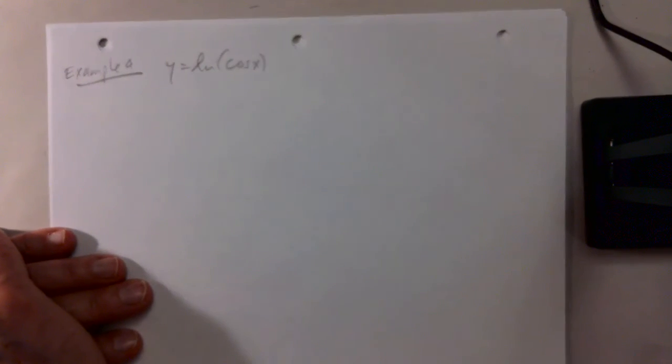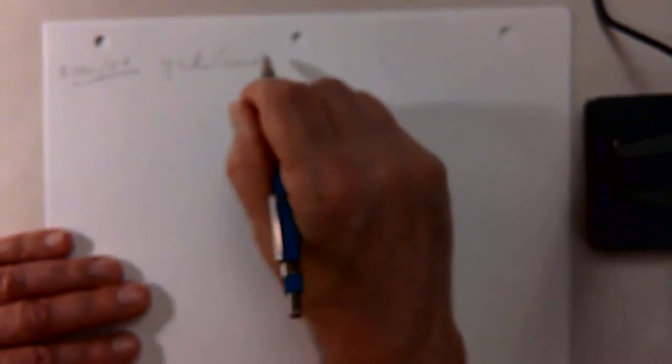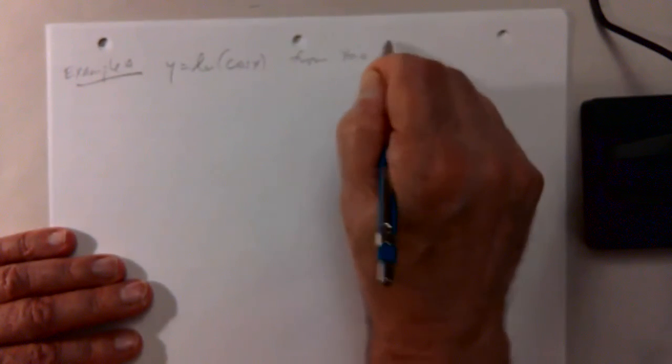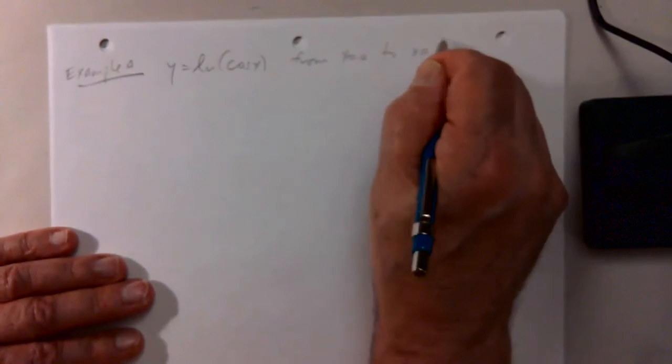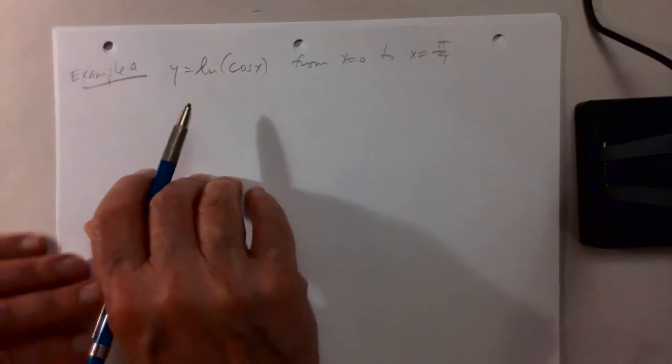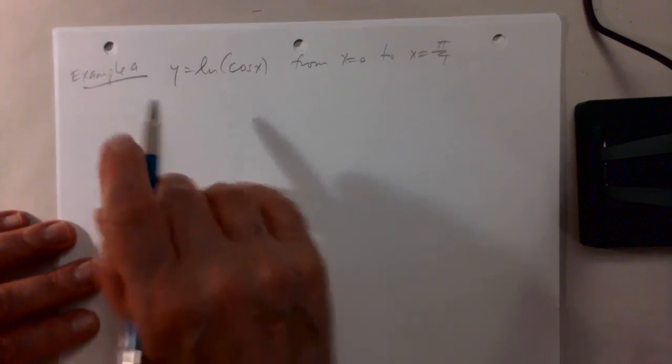Now, cosine of x is positive from minus pi over 2 to plus pi over 2. And you only can take the log of a positive number. But we want to find the length of this arc from x equals 0 to x equal pi over 4. So this is from 1 to 1 over root 2. So these are positive numbers, and this function is perfectly well defined.